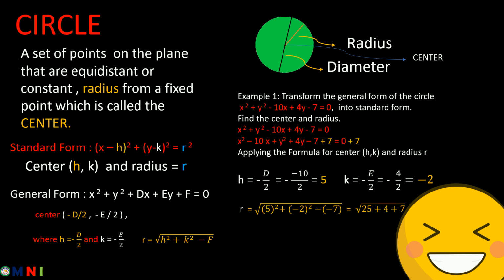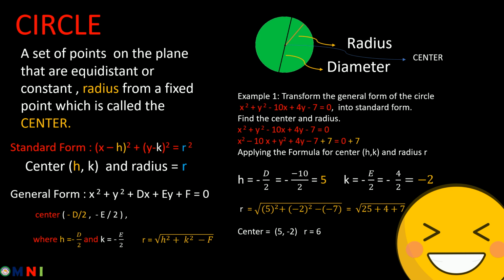Since the formula for the radius is the square root of h squared plus k squared minus f, we substitute 5 squared plus negative 2 squared minus negative 7, since the original constant is negative 7. It equals the square root of 25 plus 4 plus 7, which equals the square root of 36, which equals 6. So that is the radius, which is positive 6.